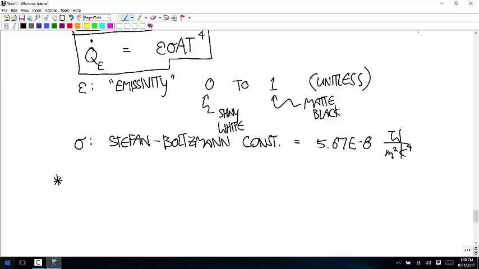Again, notice that you can't trust that sign when you're using it in thermodynamics equations. The same thing happened with conductivity.